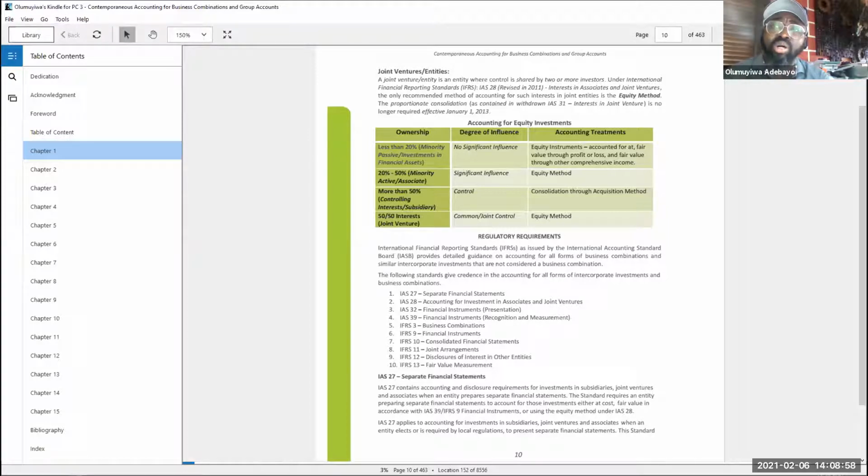But there is a bigger picture to a company investing in another company via equity instruments. And this is because of what we discussed earlier, and which Shegun also read, that there are strategic objectives to it. One of them is to probably gain entrance into another market, which is a diversification strategy.